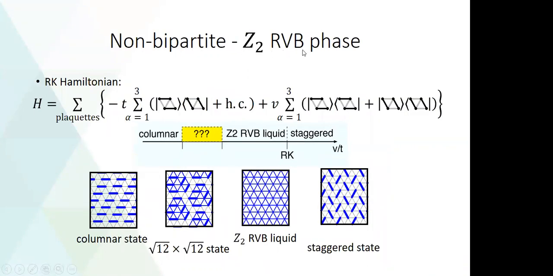For the non-bipartite case, there is another phase that I claimed the RK point is a part of, which is called the Z2 RVB liquid, resonating valence bond liquid. You can think of the Z2 as coming from the Z2 topological invariant. And there are also plaquette states in this question mark here.